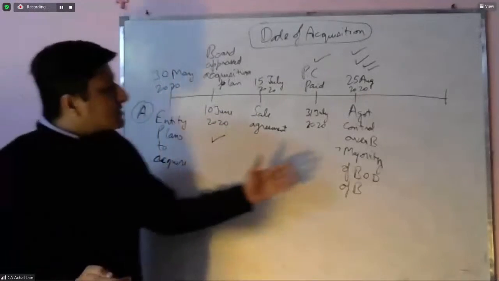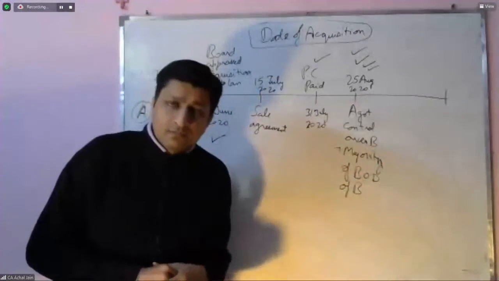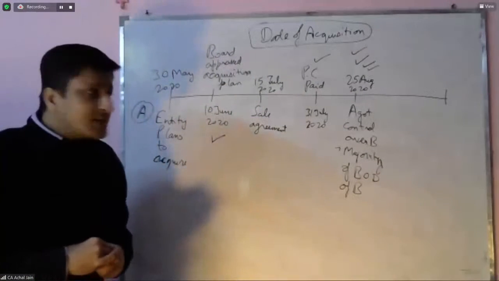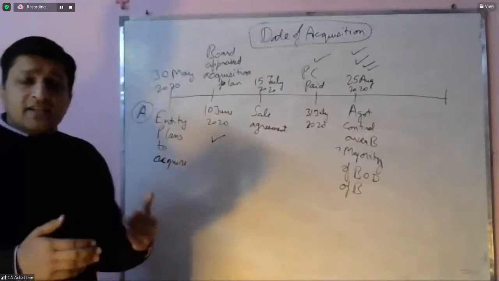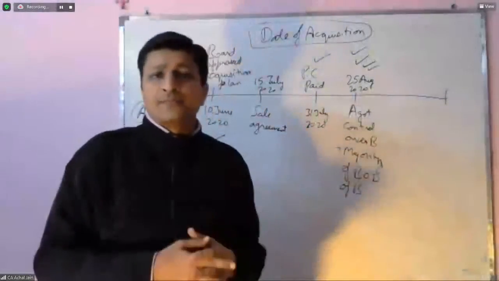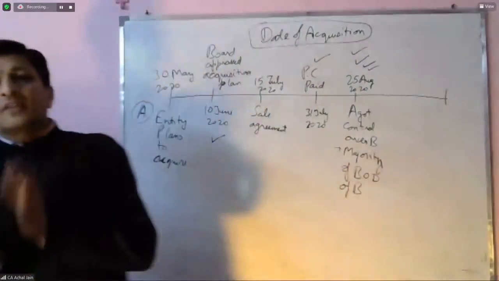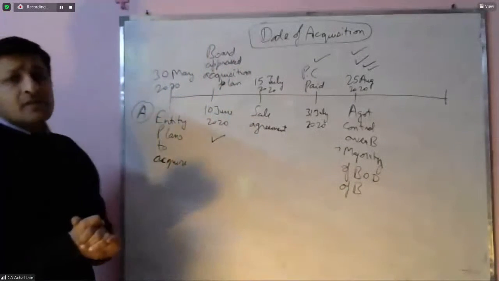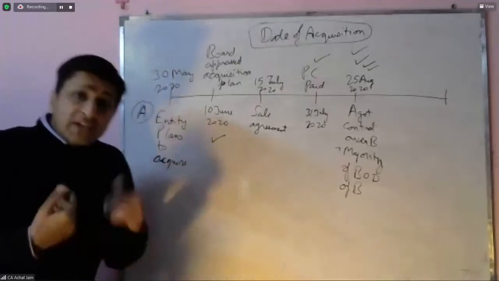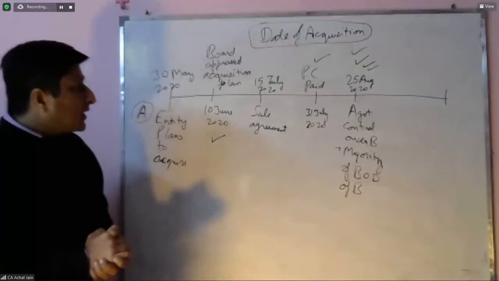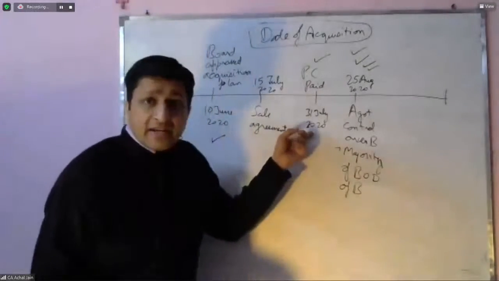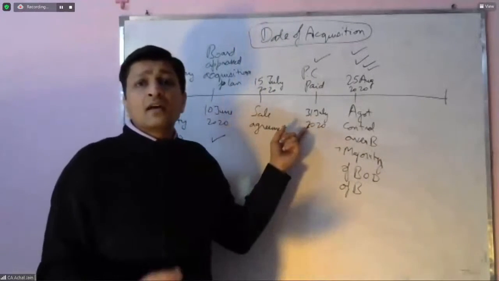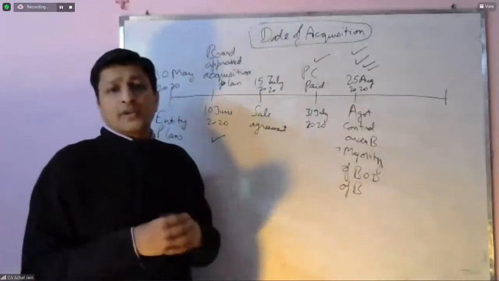See, there are a lot of dates for us to choose from. Each and every date is a step towards completion of the acquisition. Correct? Because of this, generally there is a confusion: should this be the date when the entire purchase consideration has been paid?